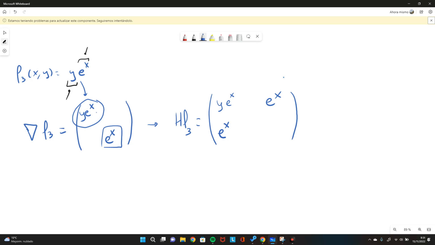And when we perform this derivative in respect to y, this is what we get. And when we perform this derivative in respect to x, this is what we get. So yes, what about this? Well, this is just 0 because the derivative of this last function in respect to y is nothing. We don't have any y there. So it just goes blank. And so this is the Hessian function, okay?